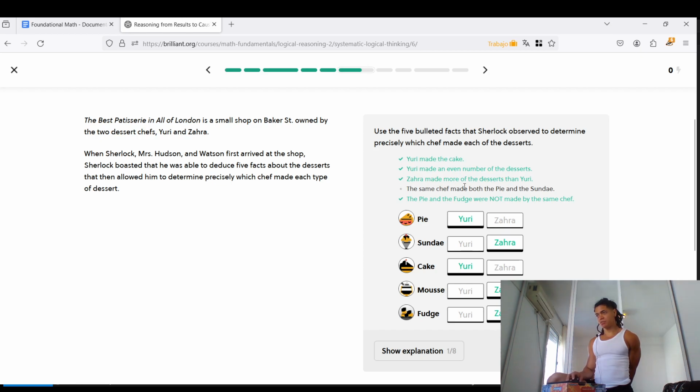But it says the same chef made both the pie and the sundae. So in other words, the mousse. So the same chef made both the pie and the sundae.